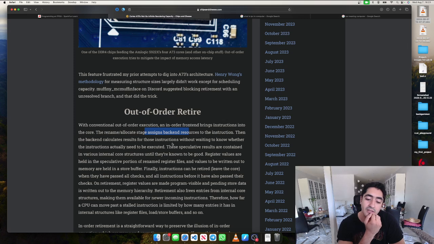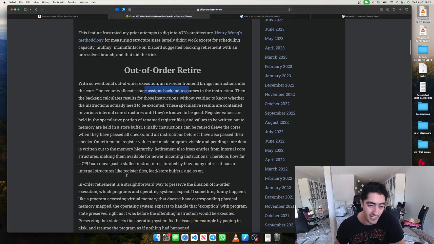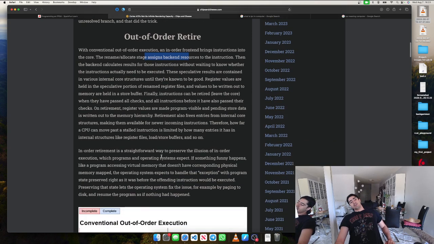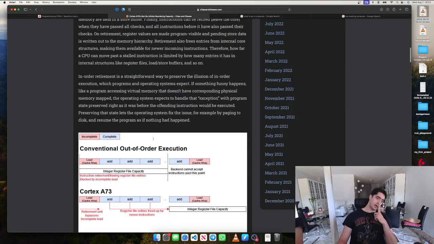Retirement also frees entries from internal core structures, making them available for newer incoming instructions. Therefore, how far a CPU can move past a stalled instruction is limited by how many entries it has in internal structures like register files, load store buffers, and so on.